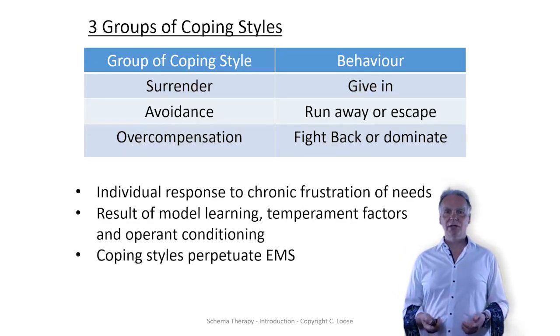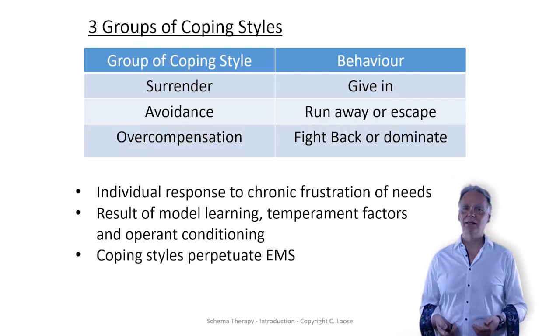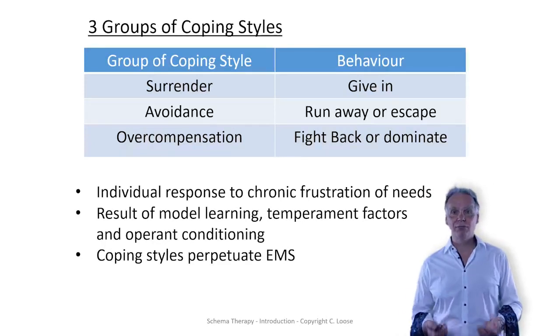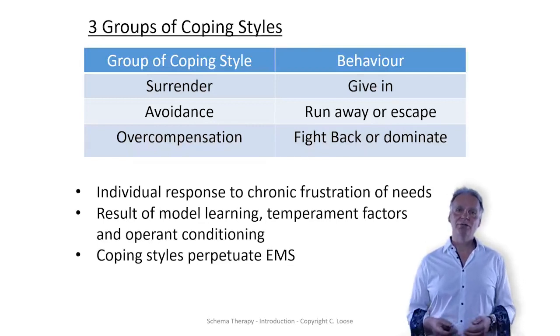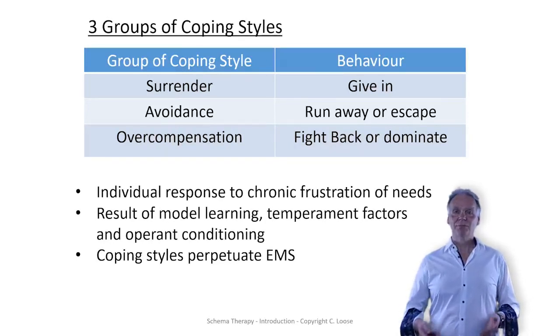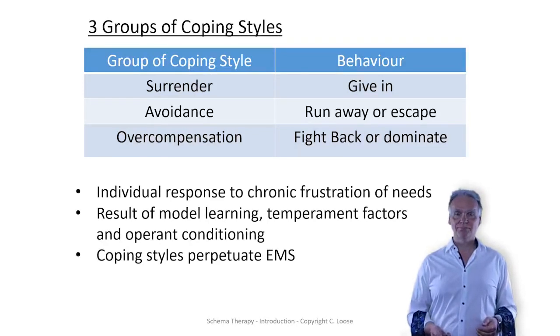And the coping styles actually have the problem that the schemas get perpetuated. So that means they get more and more chronified, and the schema is getting stronger and stronger, and it's more and more difficult actually to find adaptive ways how to deal with the schemas.